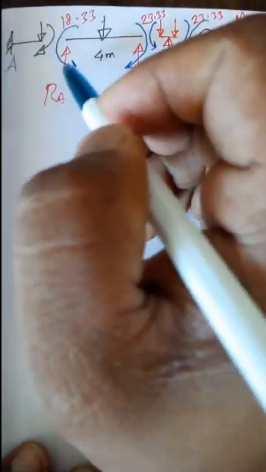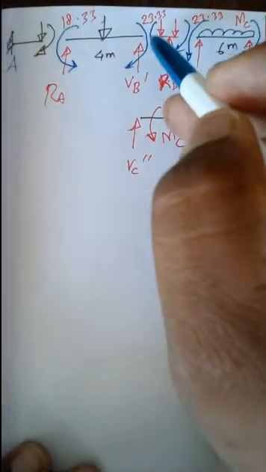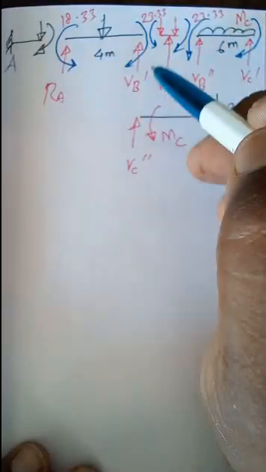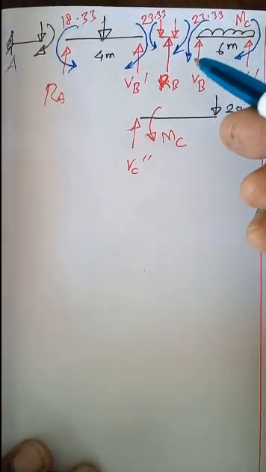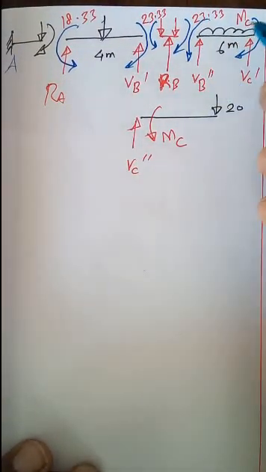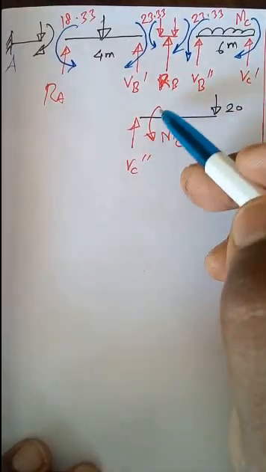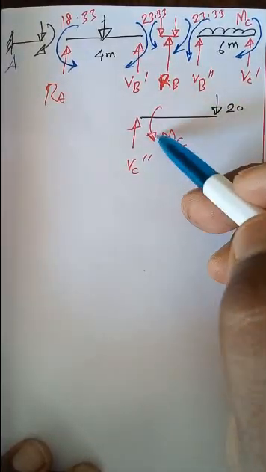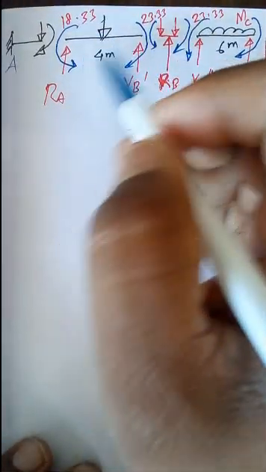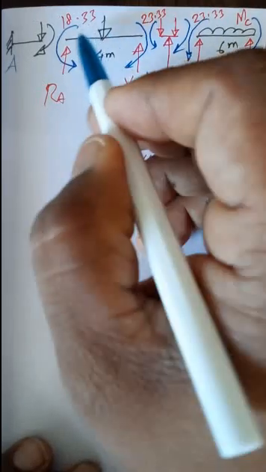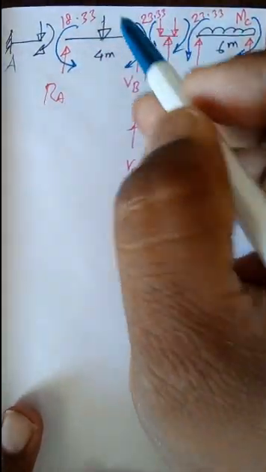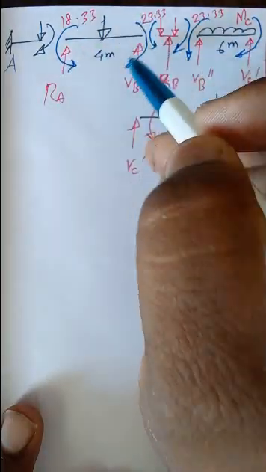Here you will have MA and RA, and at this location, point B, you have 23.33, and in the next span BC you have 23.33, and MC is acting in this direction, balanced by another moment MC in the opposite direction. Here you don't worry about the negative or positive sign. You just draw this moment in this convention.